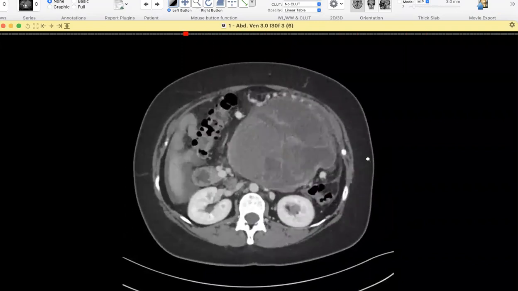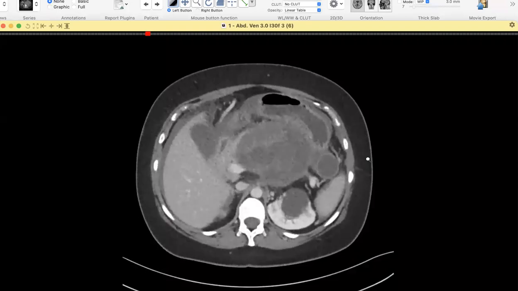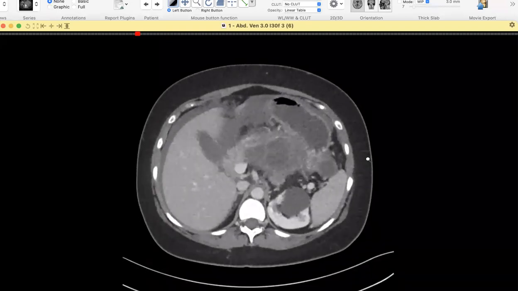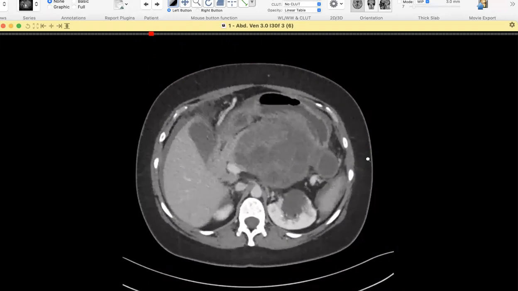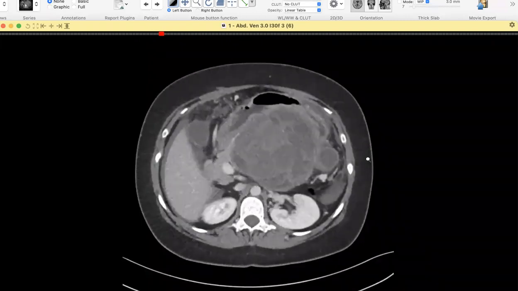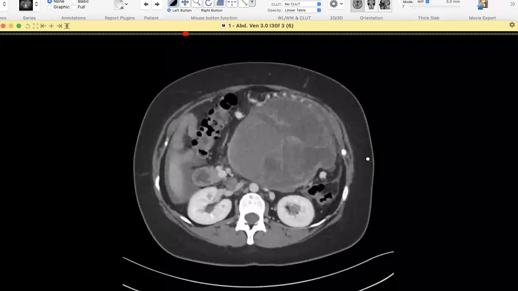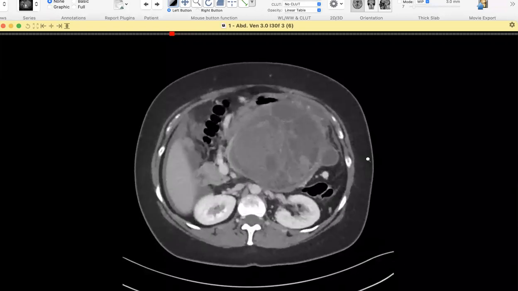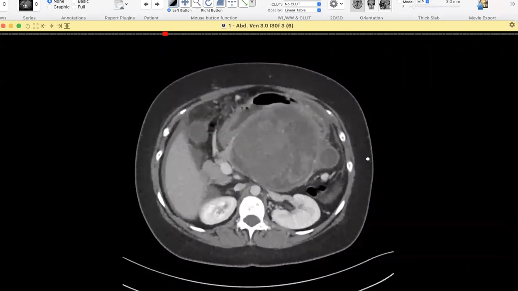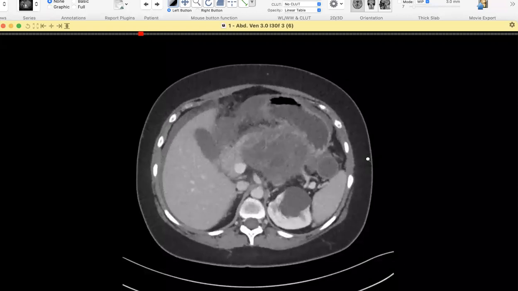So to conclude, a middle-aged person presenting with abdominal pain and a large mass that is inseparable from the body and pancreas, with fat stranding and ascites, I will think of, considering the internal septations and the enhancement within the septations, I will want to consider a cystic neoplasm of the pancreas.